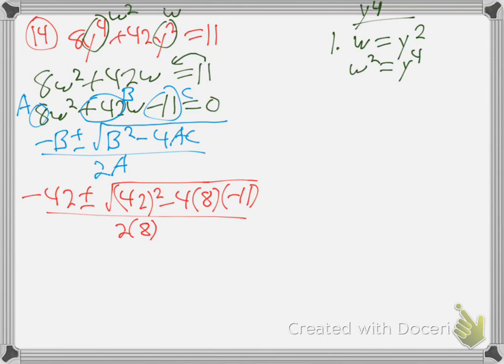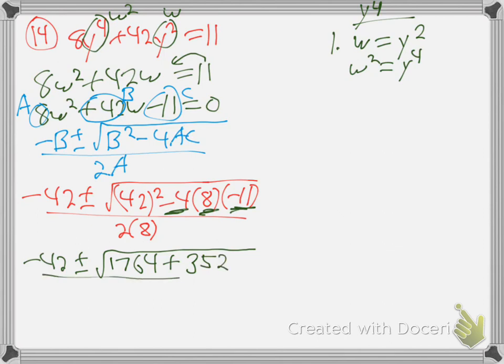Where does that leave us? Minus 42 plus or minus the square root. We have to do 42 squared, which is 1764. Plus, we have minus times minus, which is going to be plus 352, that's 4 times 8 times 11, all over 16.